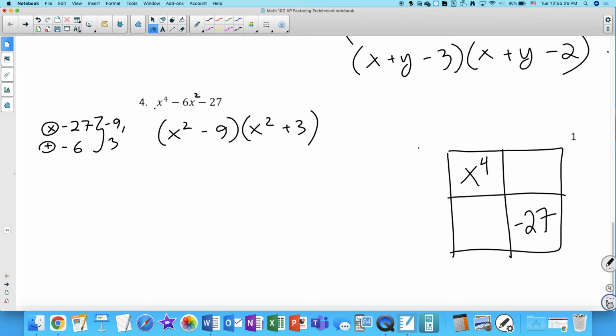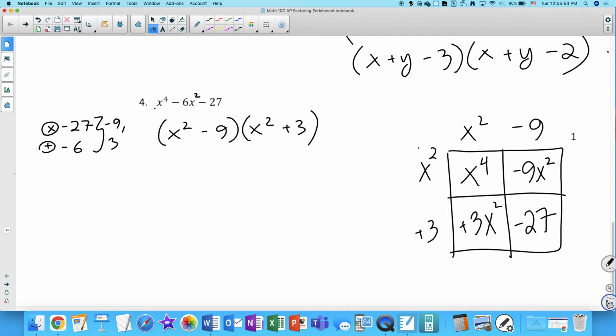So minus 9x squared and then plus 3x squared. Yep. And then here we want to factor: the GCF here is x squared, and you're left with x squared minus 9. And here the GCF is also x squared, plus 3. Cool. Okay?